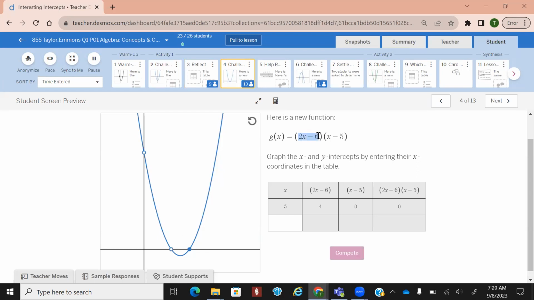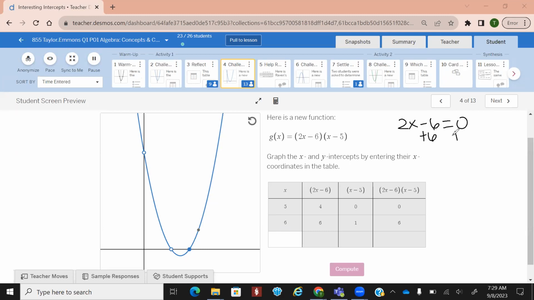What about this one? We've got a 2x minus 6. Well, if we plugged in 6, because somebody just said it, do we get 0? No, we get 6. What if we took the equation and set it equal to 0 and solve? What would we do first? Bring the negative 6 to the other side.